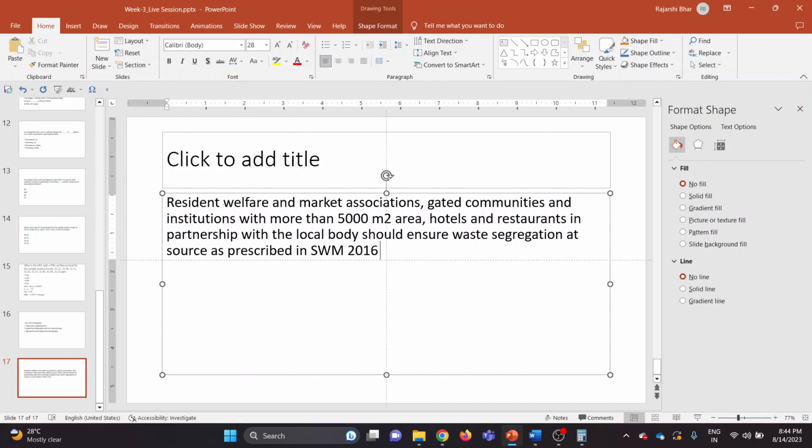SWM 2016 means Solid Waste Management 2016 rules. Resident welfare and market associations, gated communities and institutions with more than 5,000 square meters of area, hotels and restaurants, in partnership with the local body, should ensure waste segregation at source as prescribed in SWM rules.